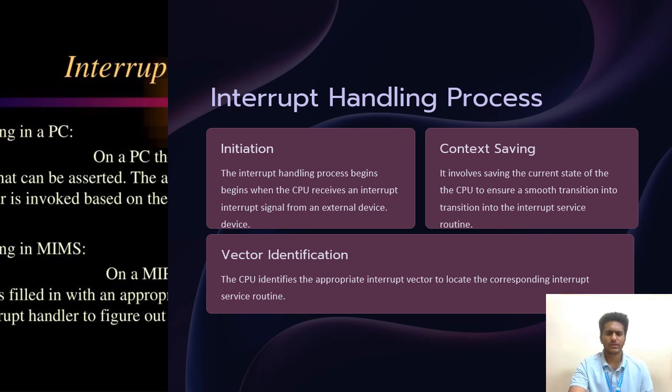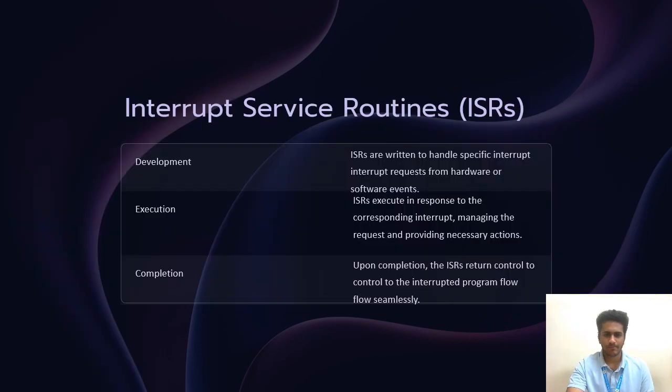The next one is vector identification. As we saw, there is a vector table in the interrupt hardware, where the CPU identifies the appropriate interrupt vector to locate the corresponding interrupt service routine.